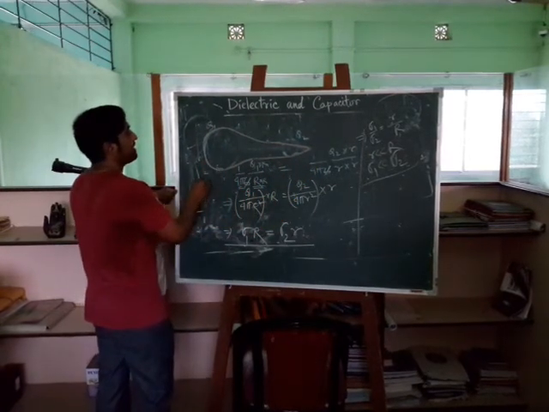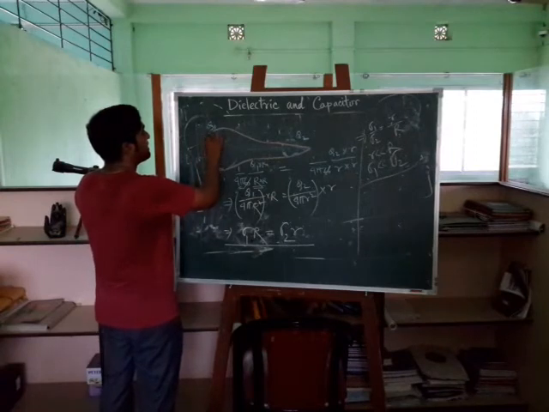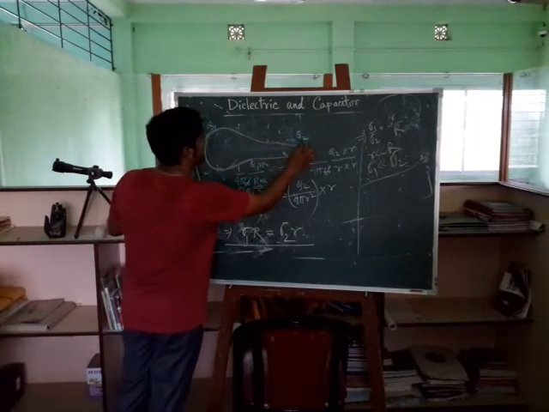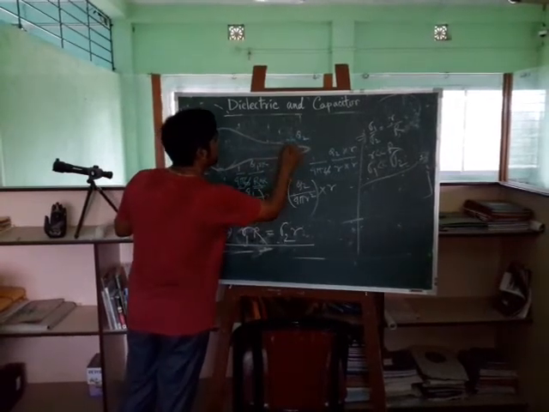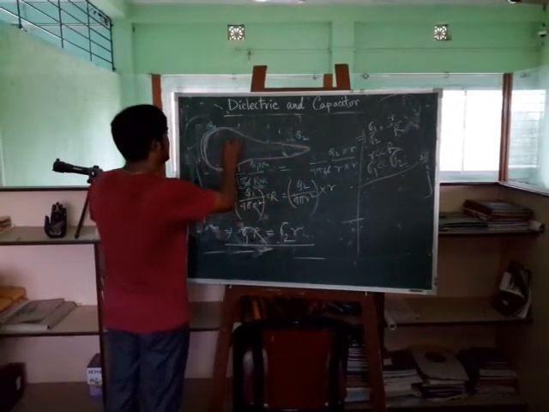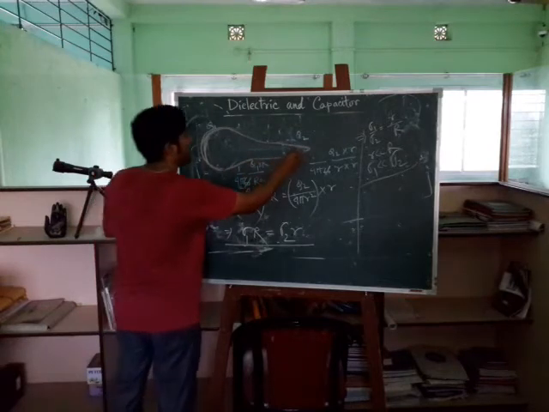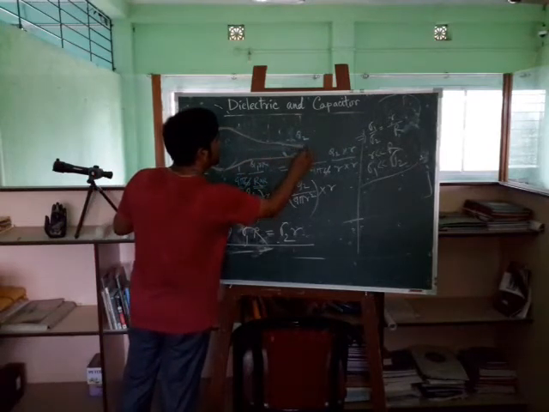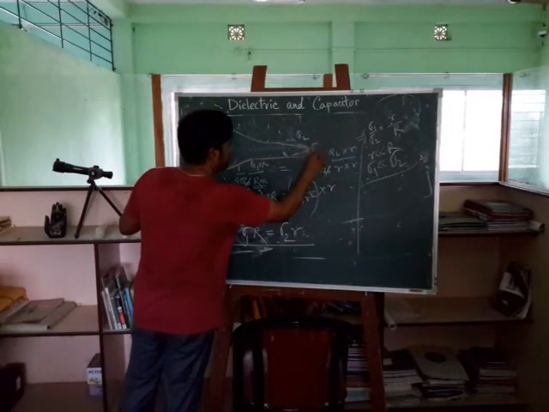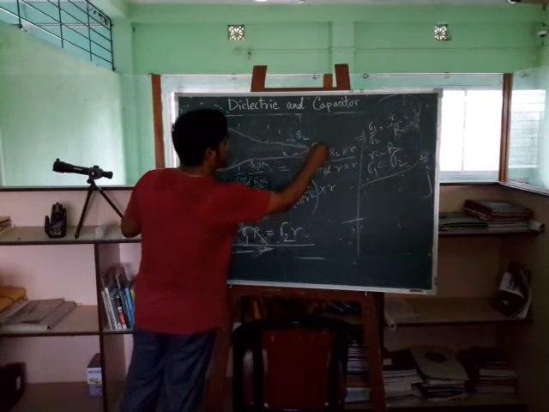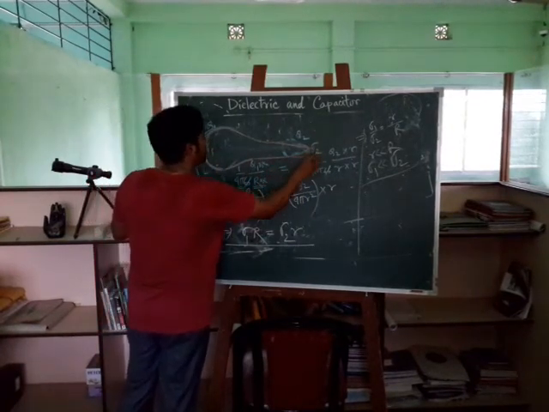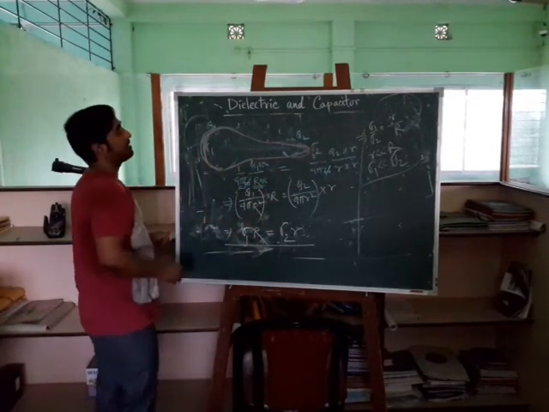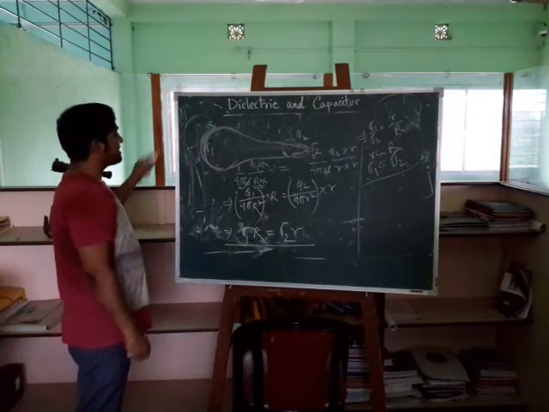If you give charge Q to it, the charge will be distributed, but the charge density at different points will be different. This flatter region is like part of the bigger sphere, and this is like part of the smaller sphere. So sigma at this point, if I call it sigma 2, and this sigma 1, then sigma 2 will be much greater than sigma 1. Okay, and that is the reason.